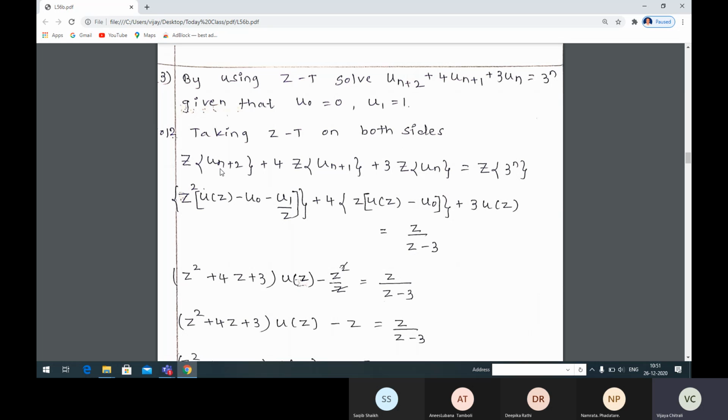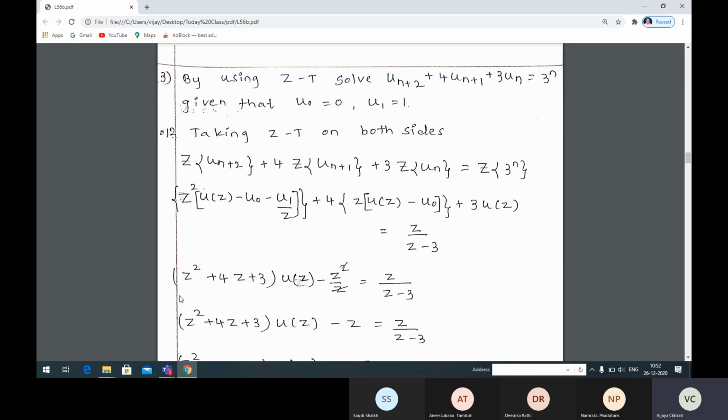Now we know the z transform of u suffix n plus 1 and u suffix n plus 2, so you substitute. So this will be: z transform of u suffix n plus 2 is z square u of z minus u0 minus u1 of z, plus this 4 is as it is, z transform of u suffix n plus 1 is z into u of z minus u0, plus 3 u of z. This is equal to z divided by z minus 3.